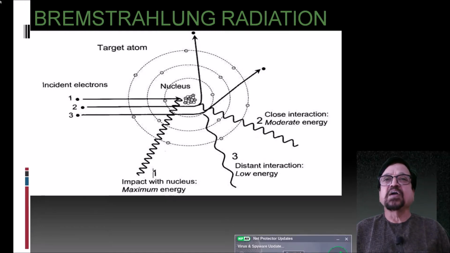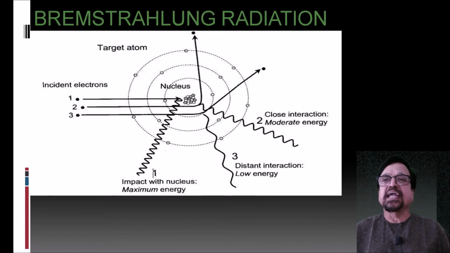Now let us understand what this Bremsstrahlung radiation is. We have a nucleus and an incident electron. There are 3 electrons, 1, 2 and 3. The first is going and hitting the nucleus directly and it has a high impact with maximum energy.